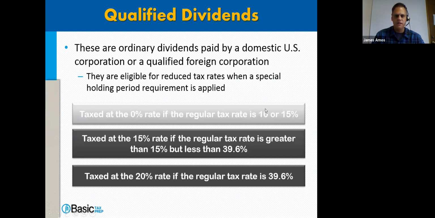So the 10% rate is still good. Just know this, anything that is 10% up to 15% is still 0%. Then anything from 15% to 39.6% is still 15%, and anything higher than 39.6% is still 20%.